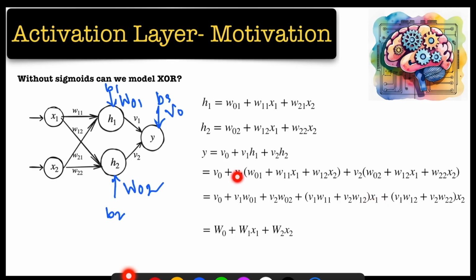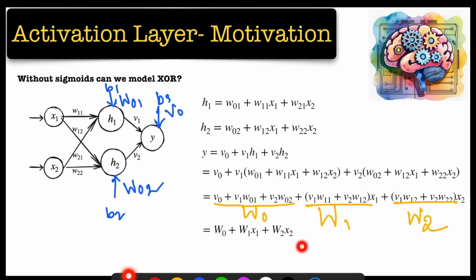And here we get V1 W21 plus V2 W22 times x2. If we do the summation, this is W0, this is capital W1, and this is capital W2. So we can write this as W0 plus W1x1 plus W2x2.